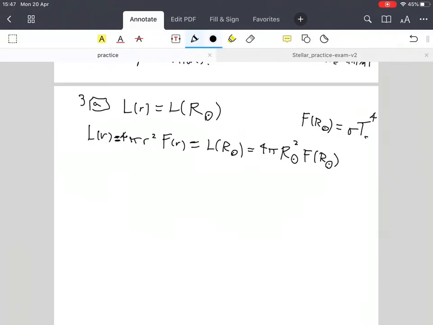The Stefan-Boltzmann law then is sigma times T to the fourth, where this is the surface temperature. Okay, now we can solve for that flux at the radial position R using those two formulas. And we get that this is the ratio of the surface radius squared over R squared times, basically times that Stefan-Boltzmann law.